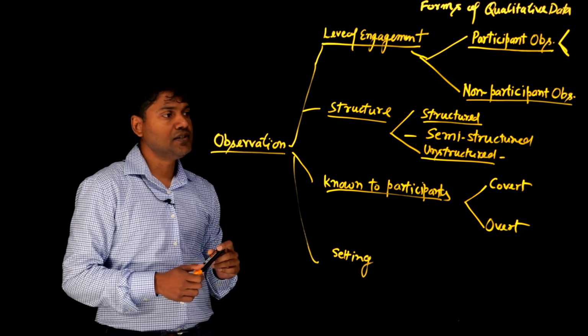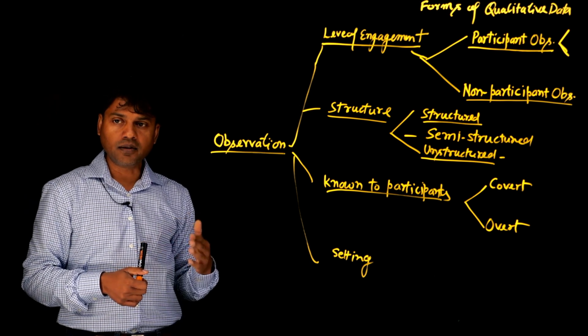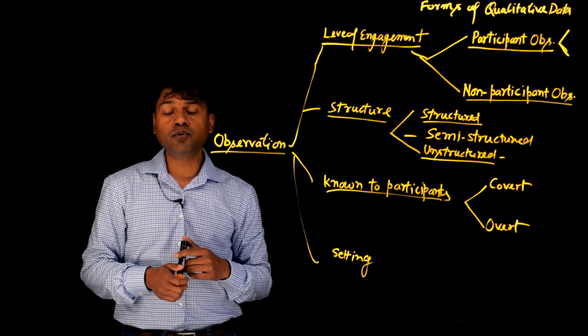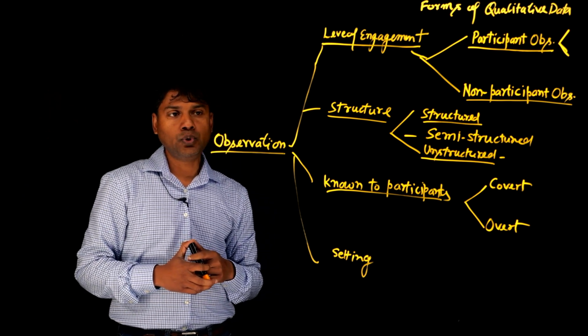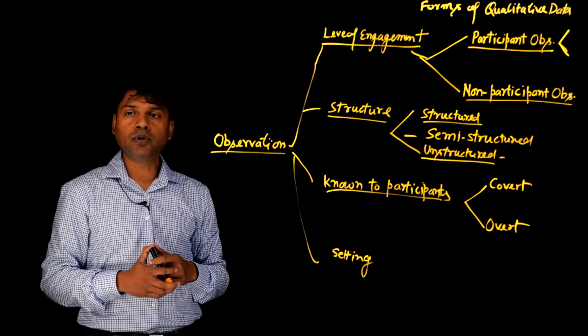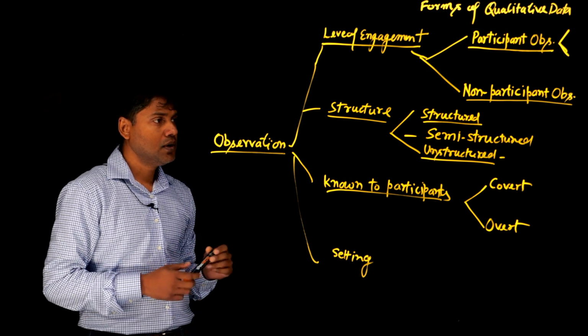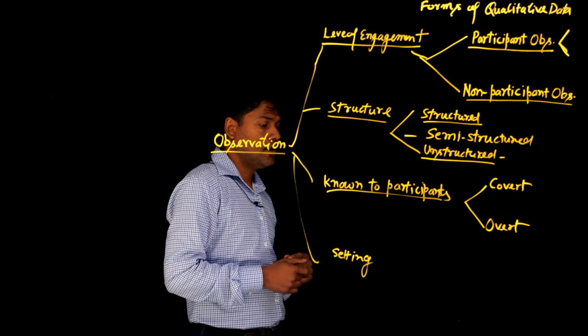In such research, you have to really think about ethical considerations and make sure your institutional review board approves your request to do a covert observation for your research. So that's covert observation.